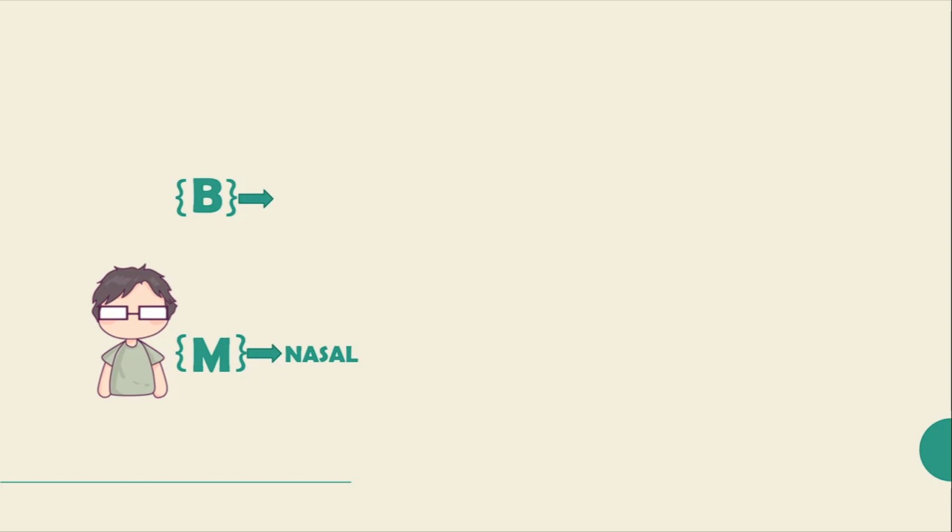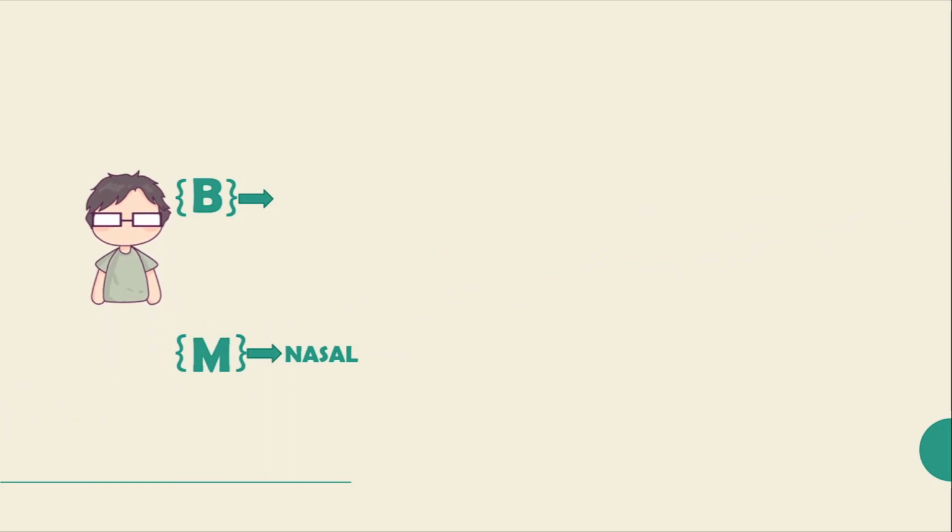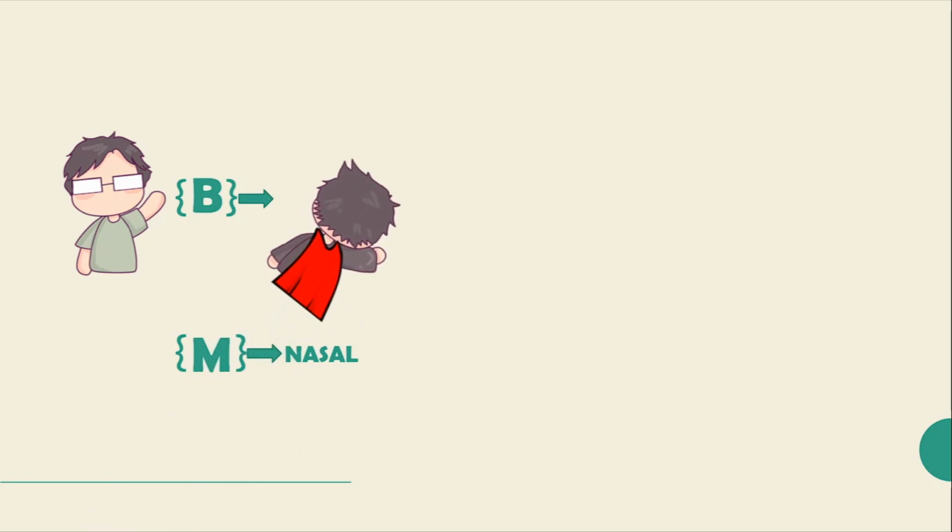Now let's ask ourselves a question. Without blocking your nose, when you pronounce M, can you pronounce it continuously? Of course, we can. Now try to do the same with the B sound. B, B, B. Can you do it?